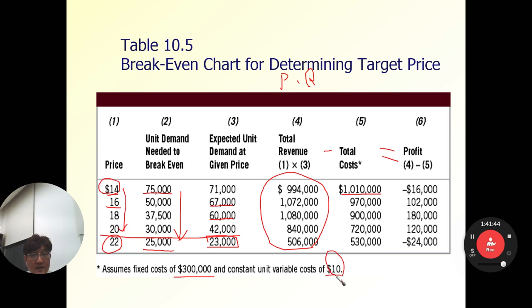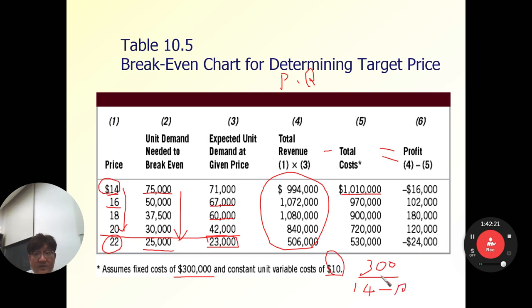You know what the break-even point is, so it could not reach the break-even point. If you set the price at $14, your break-even point is, you can calculate this, the fixed cost of 300 divided by price $14 minus variable cost 10.